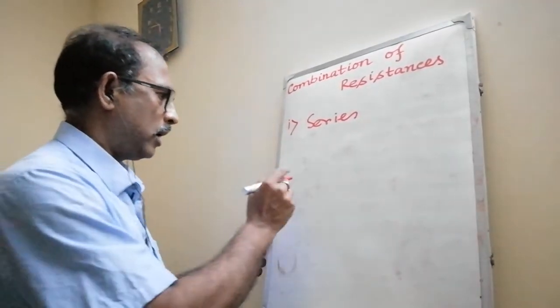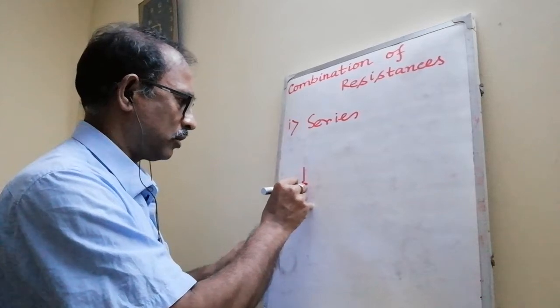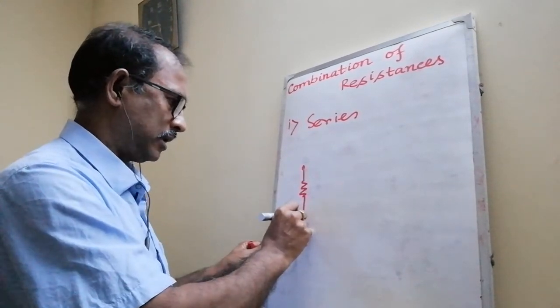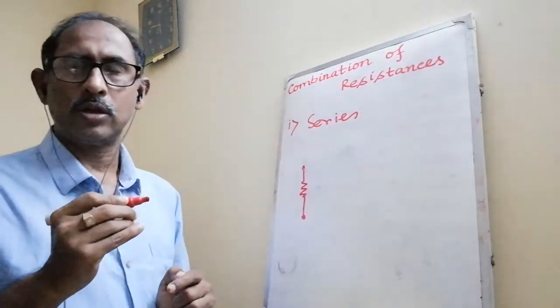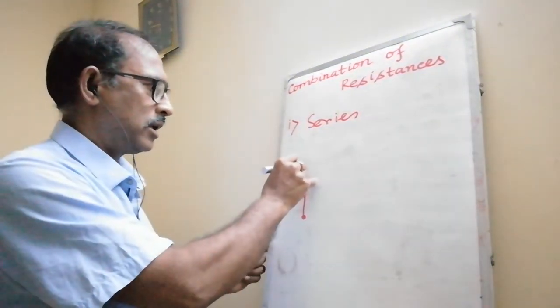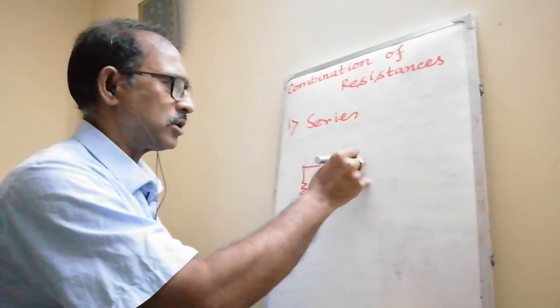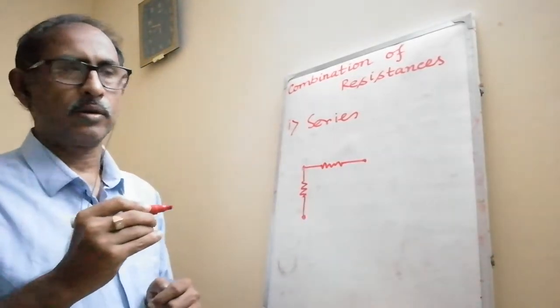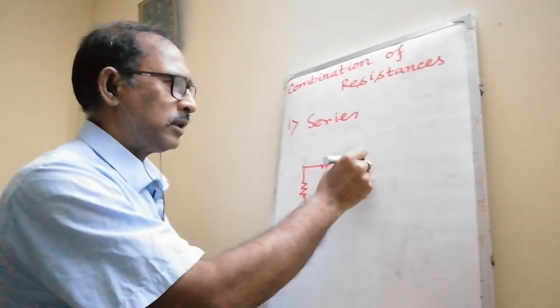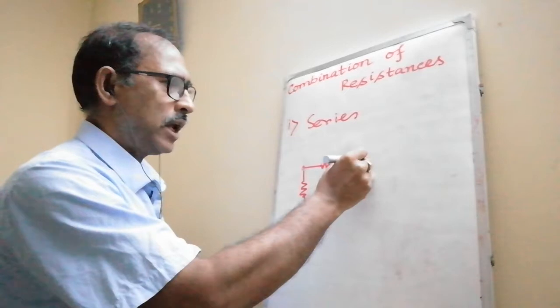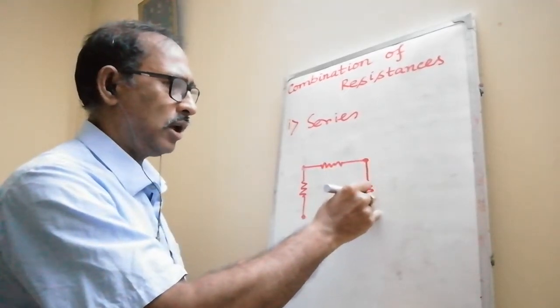Say here is the first resistor. This is the first end, and this is the second end. This second end is connected with the second resistor. This is the second end of the second resistor. This second end is connected with the third resistor.